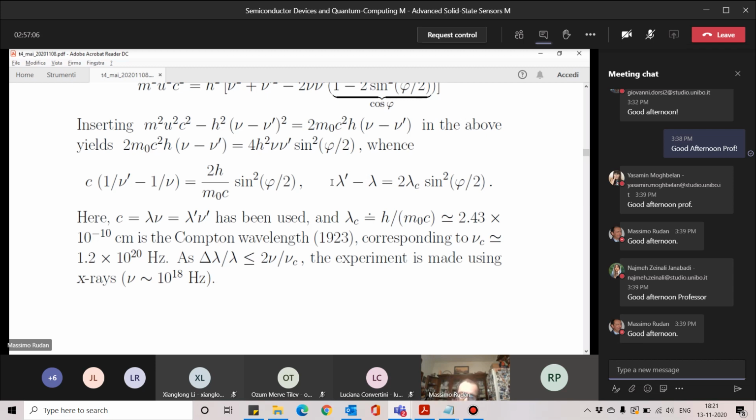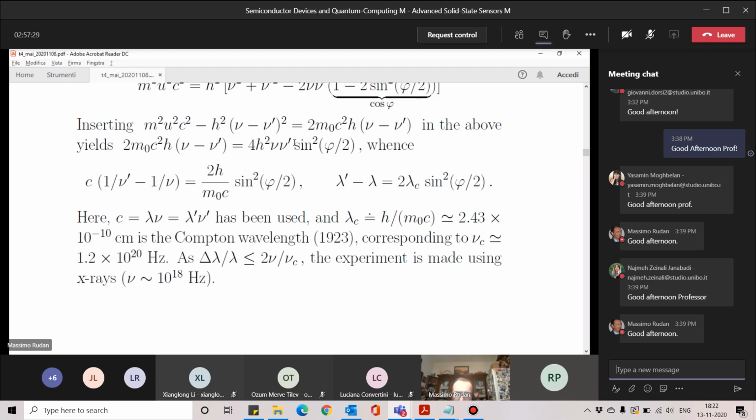Okay, and that the picture of the electromagnetic waves as photons is acceptable. So this introduces what is also called the duality between particles and waves.